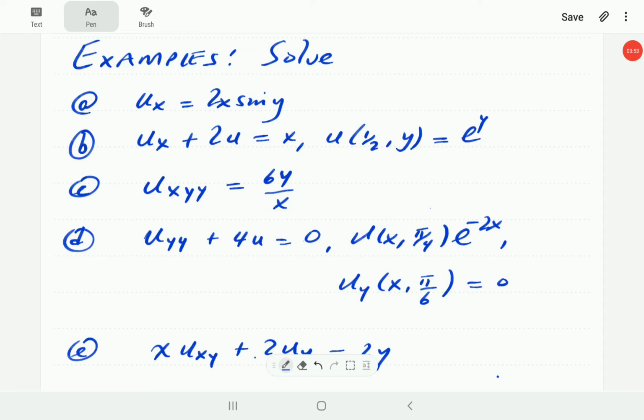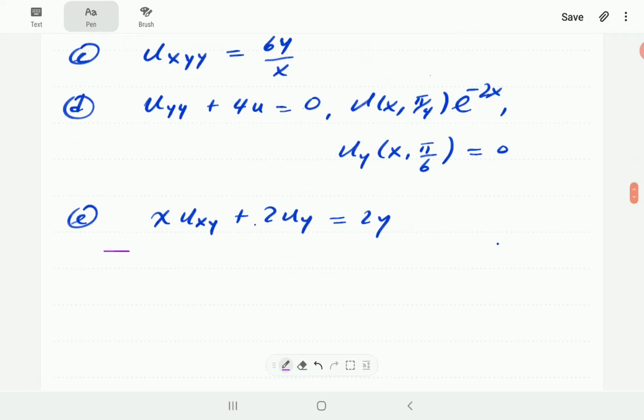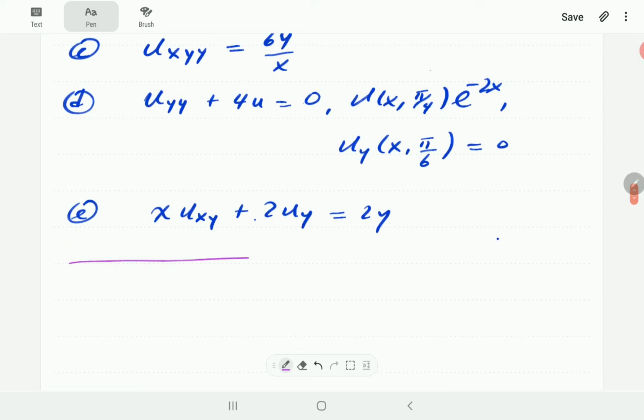All right, so we're going to look at the following examples. In A, we have got ux equals x sine y. So let's see how this works out.